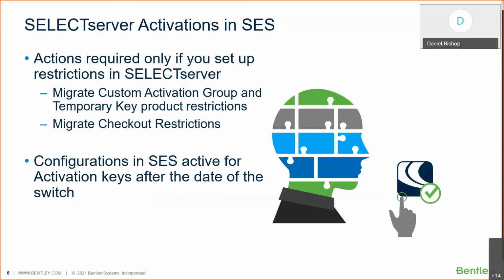Right. I'd also like to point out that if you don't do these activities, even if you have product restrictions set up or checkout restrictions configured, your end users will still be able to activate. The only risk is that your users with those activation keys may be able to activate more products than they were able to before.